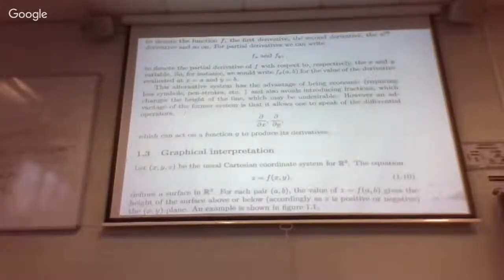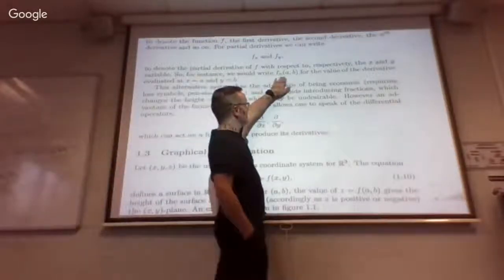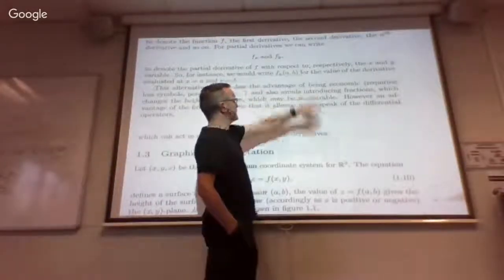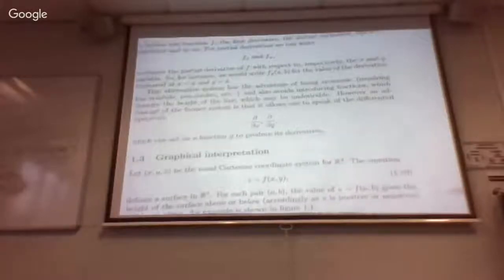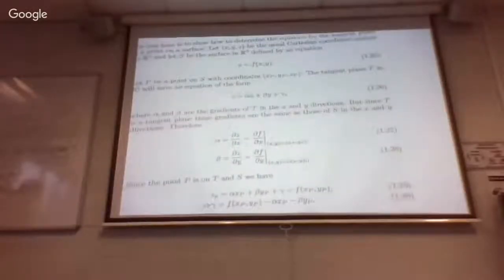So f subscript x would indicate the derivative of f with respect to x, and f subscript y would indicate the derivative of f with respect to y. So you might write the derivative of f with respect to x evaluated at a point (a, b) like that. From time to time, you'll see both forms of the notation being used. Skip over 1.3 for now, but I'll come back to it shortly.